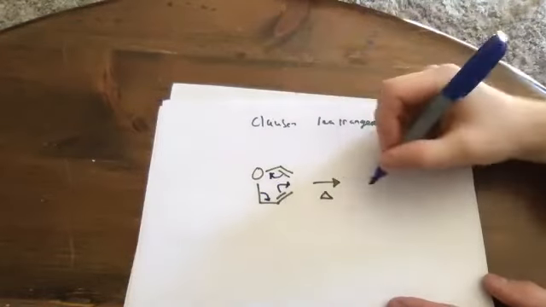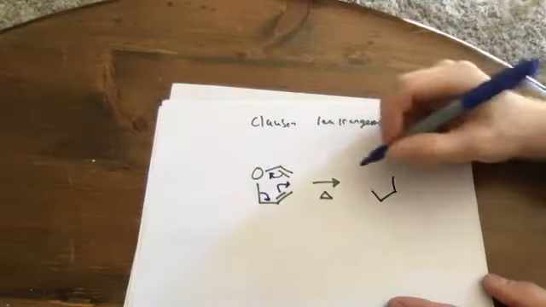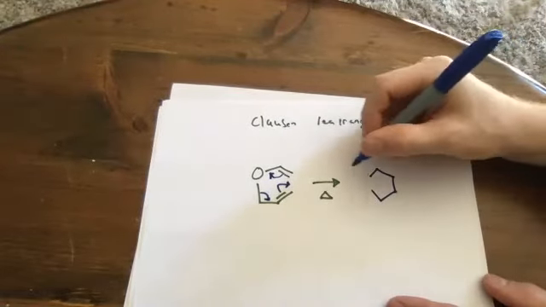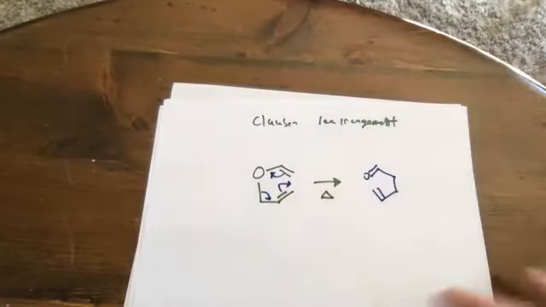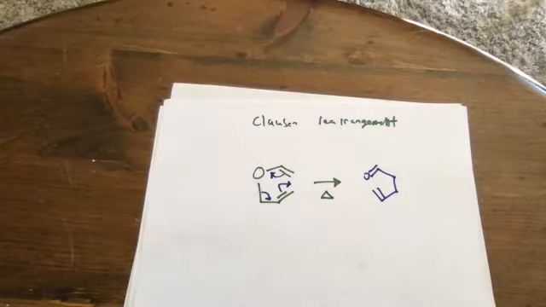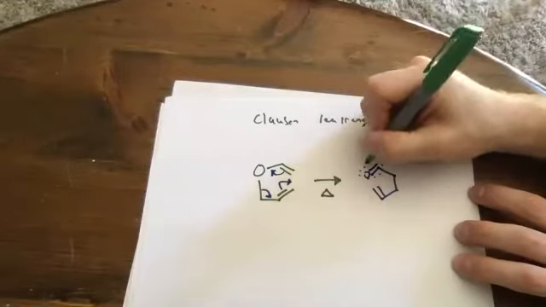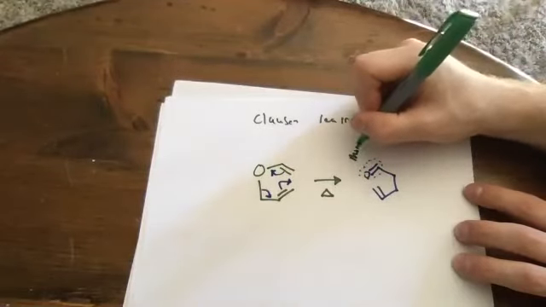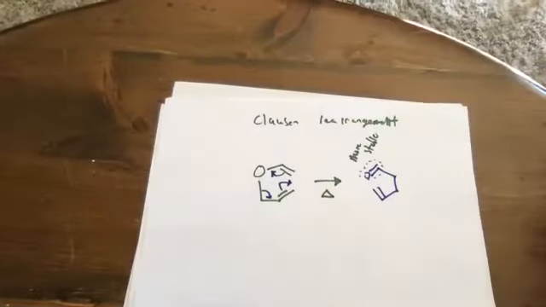So we broke the bond there, made the bond there, and should get something that looks like this. So as I said, carbonyls are more stable than just a regular double bond, so that's enough to drive these reactions forward.